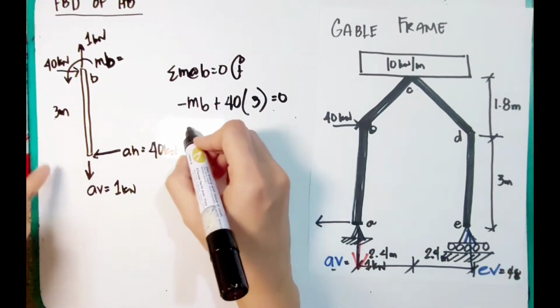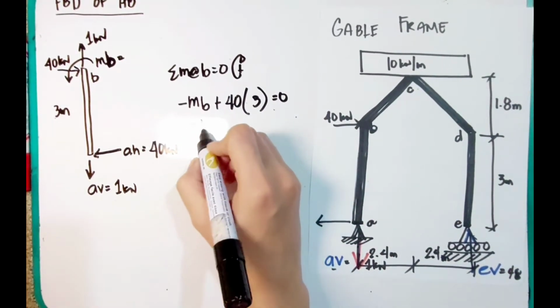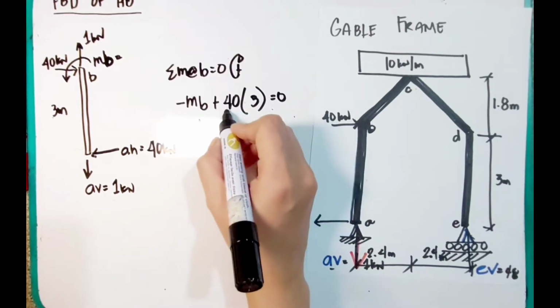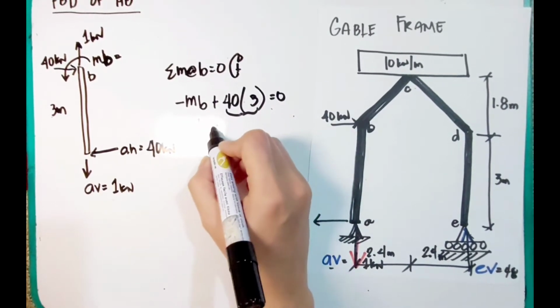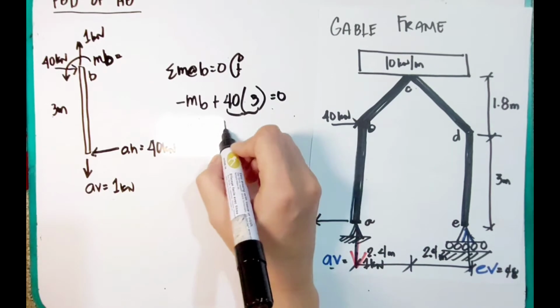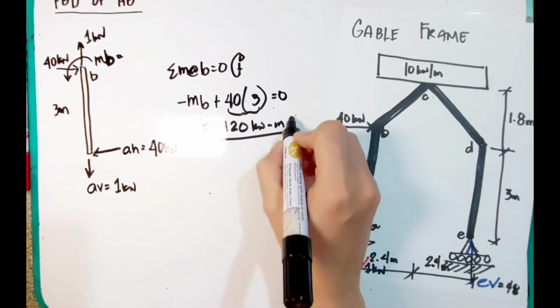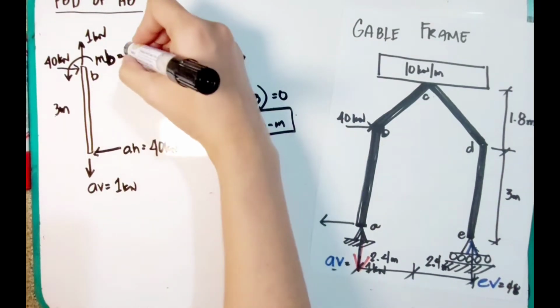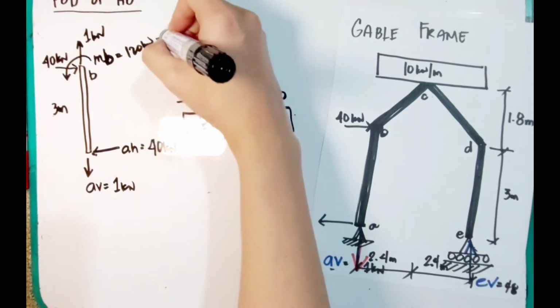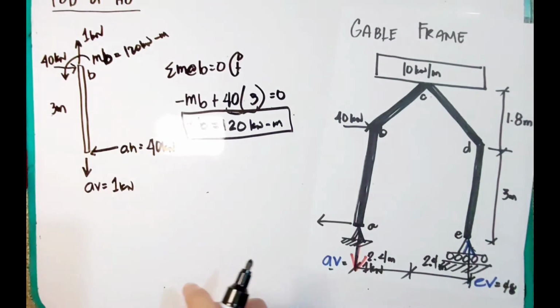So, we have MB. I-transpose na natin to. So, negative will become positive. So, 120 kilonewton meter. So, therefore, this is your 120 kilonewton meter. Positive, so tama ang direction natin.